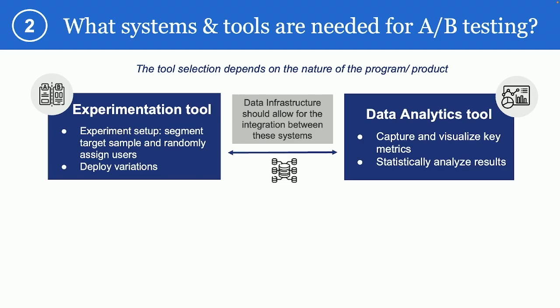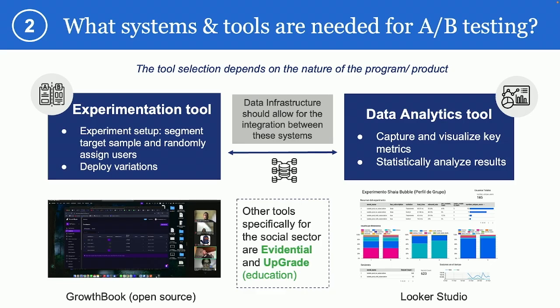And these need to be able to talk to each other so that you can run the analysis in a relatively automated way, and not do, as one of our initial partners did, manually downloading the data and then trying to merge it up and then running the analysis separately. It's just so painful that kind of process is never going to become a culture of experimentation. We need to make it much easier for people to do it.